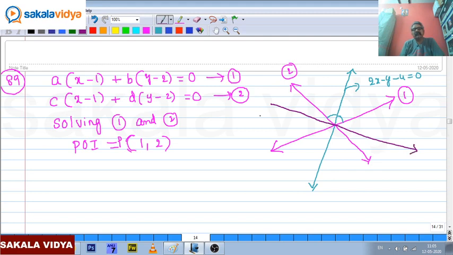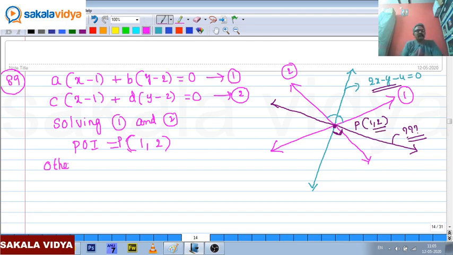Obviously, these two lines will be perpendicular, you remember. But both pass through the point P itself, that is P(1, 2). That means now we need to find the other angular bisector equation, which is the line perpendicular to 2x minus y minus 4 is equal to 0 and passes through 1 comma 2.